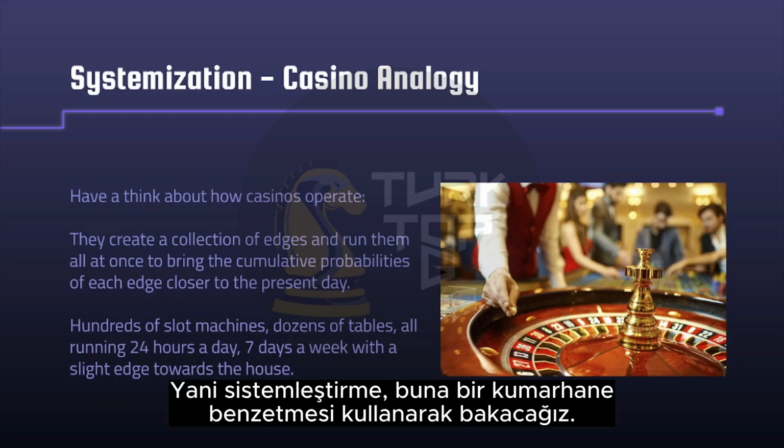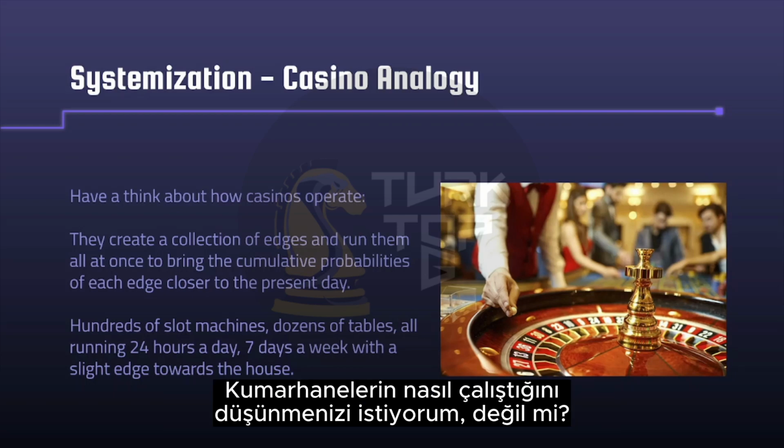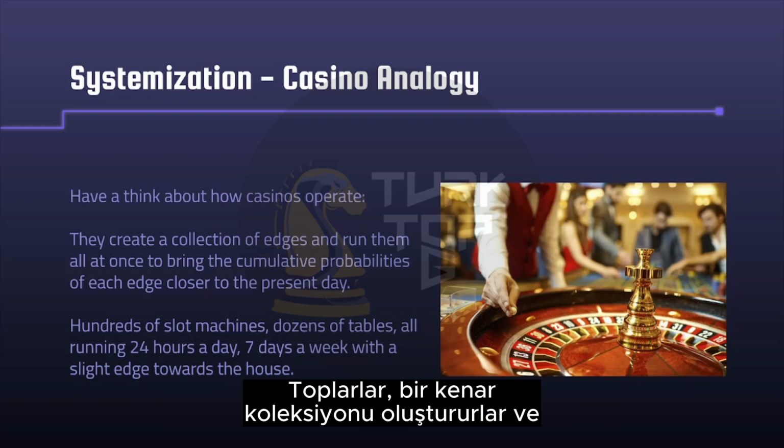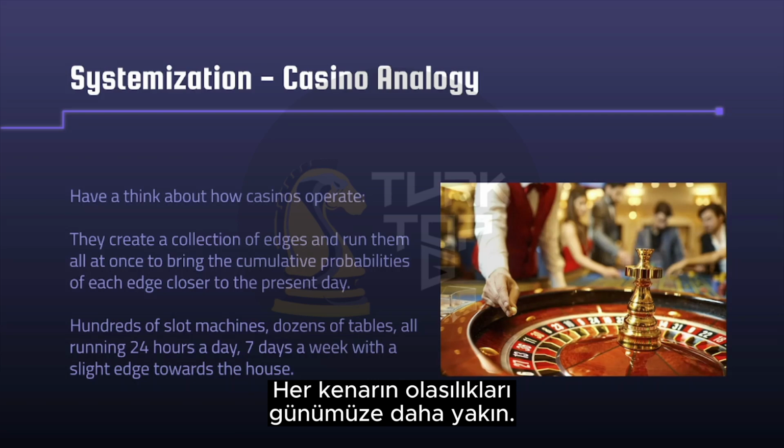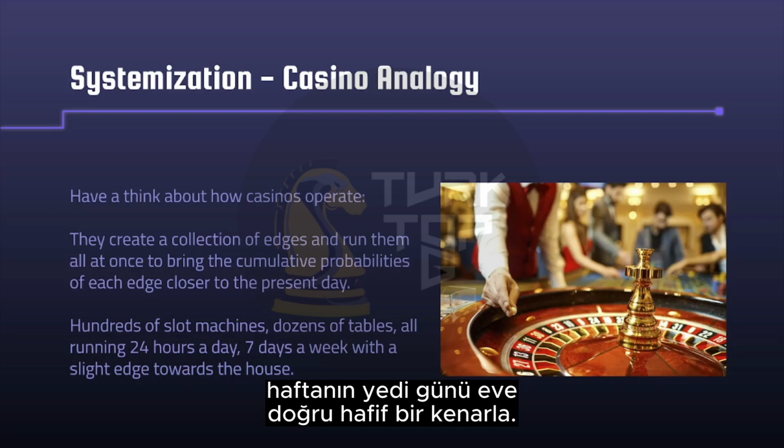So with systemization, we're going to look at this using a casino analogy. I want you to think about how casinos operate, right? They create a collection of edges and run them all at once to bring the cumulative probabilities of each edge closer to the expected average. Hundreds of slot machines, dozens and dozens of tables, all running 24 hours a day, 7 days a week with a slight edge towards the house.